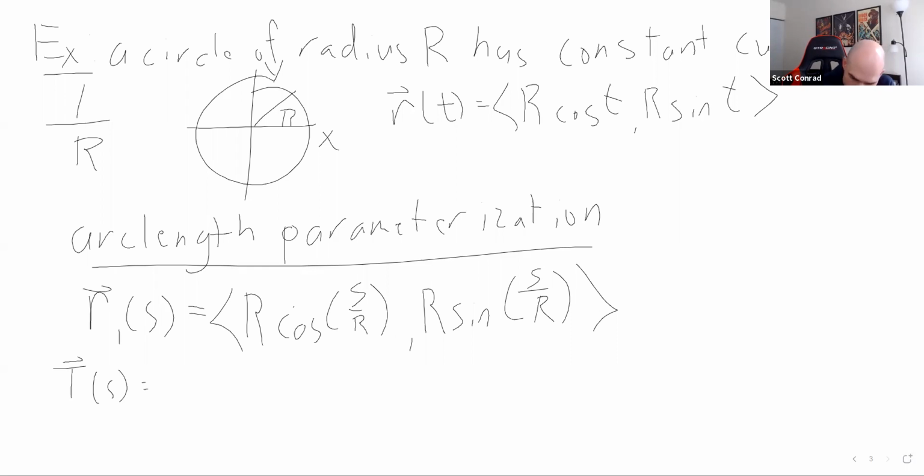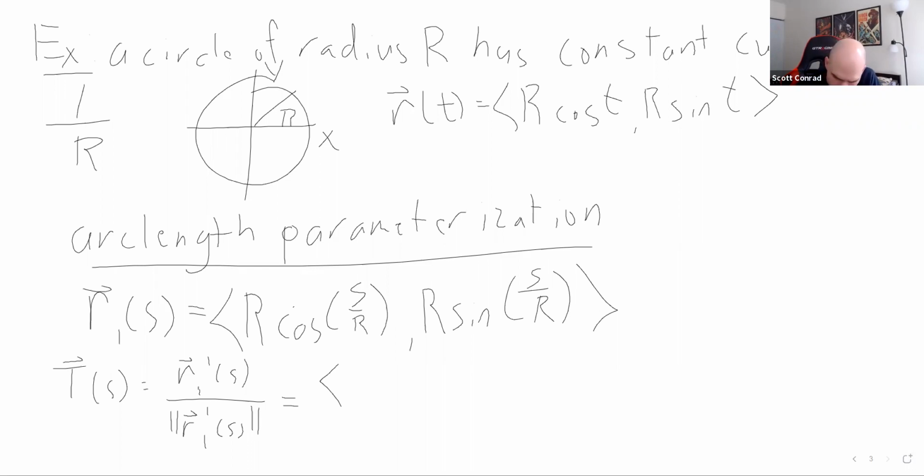So the unit tangent vector is going to be the derivative divided by the magnitude of the derivative of R1 of S. So the derivative is going to be, cos S over R is going to become negative cos, 1 over R. We get the 1 over R from the S over R there.